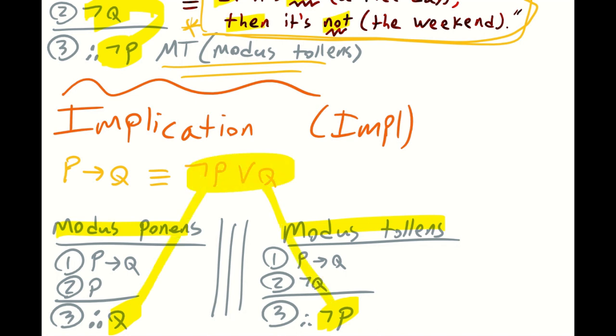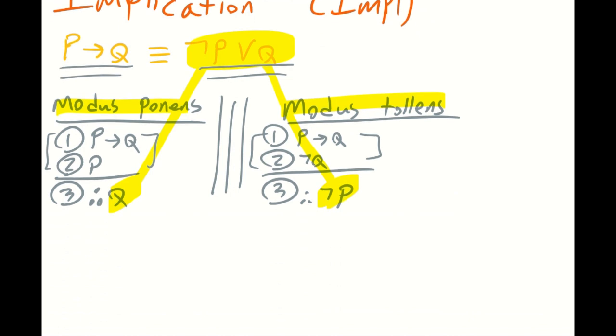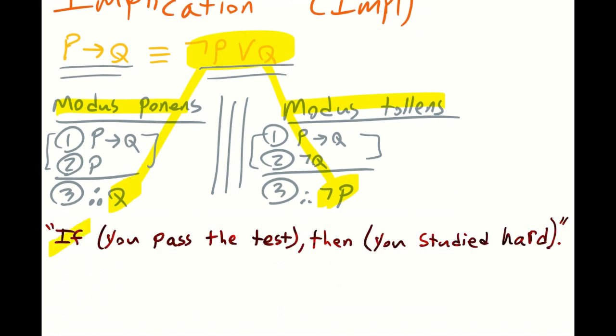So we can see why this and this are logically equivalent. We can think about this in terms of modus ponens and modus tollens, and we should recall that those are the only two valid forms of a mixed hypothetical syllogism. Let's think about an example. If you pass a test, then you studied hard. So what would that be logically equivalent to by implication?